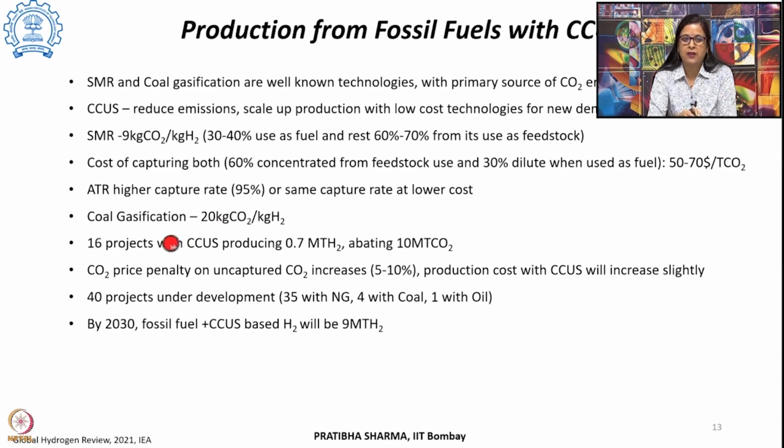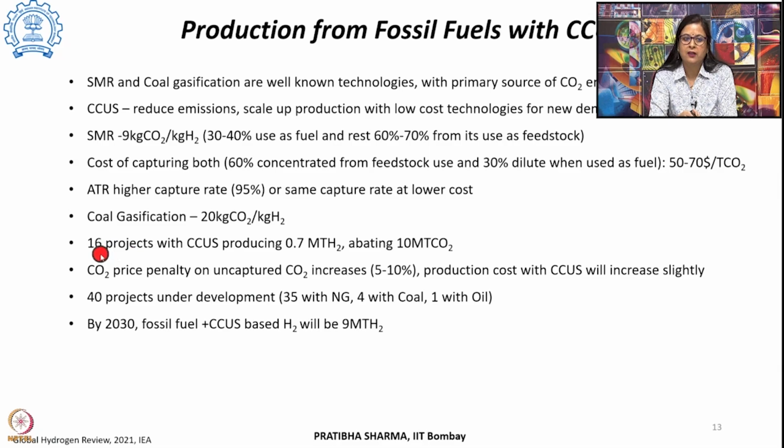In case of coal gasification, the amount of carbon dioxide emission is 20 kg of carbon dioxide per kg of hydrogen being produced. Now, the current situation is there are 16 projects with carbon capture, use and sequestration integrated with the fossil fuel production plants, producing 0.7 million tons of hydrogen and abating 10 million tons of carbon dioxide which is produced in the process.